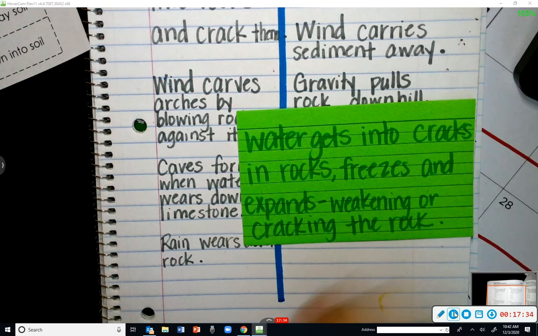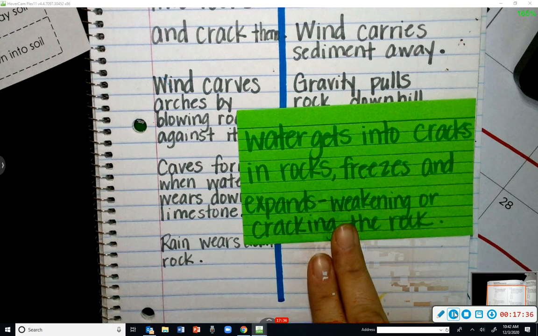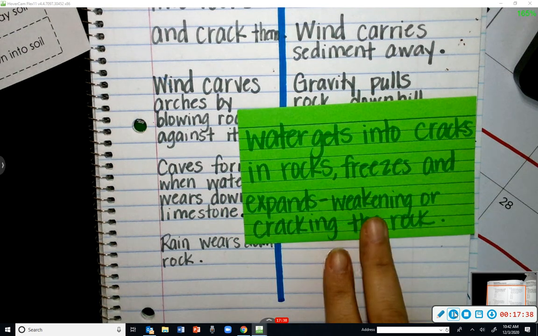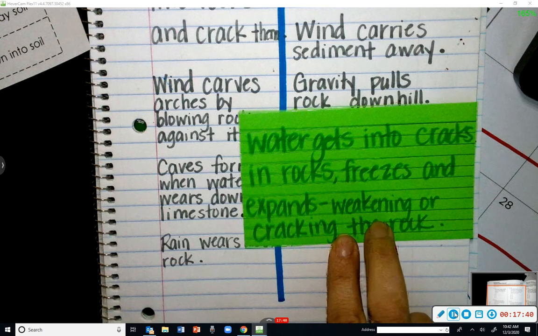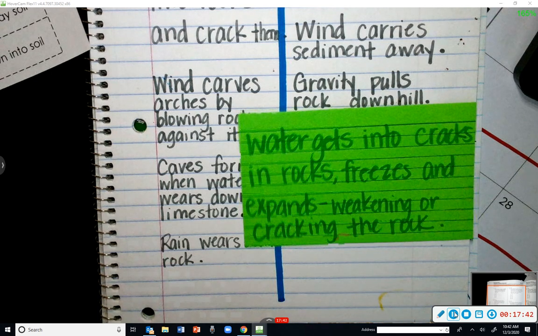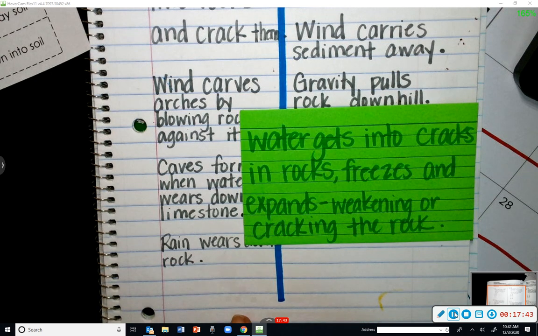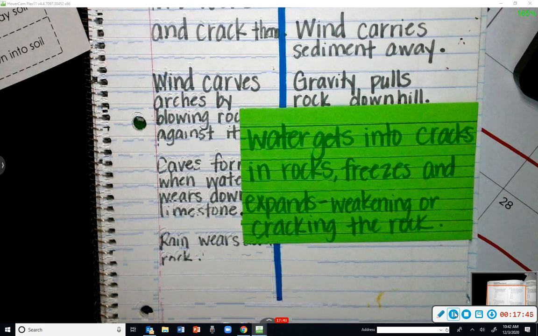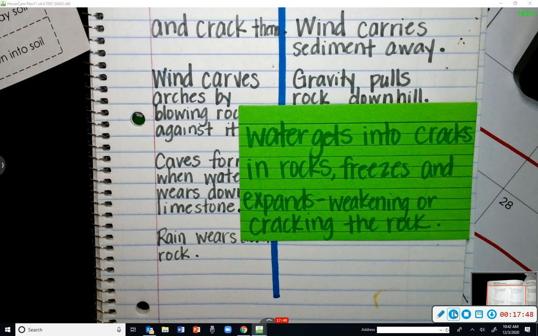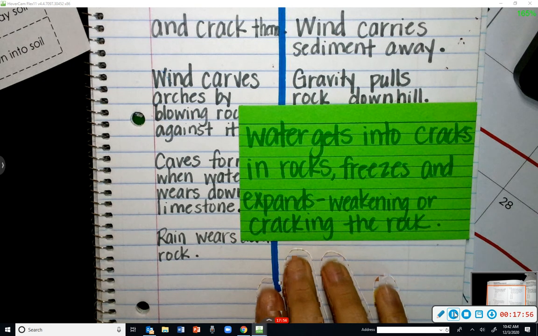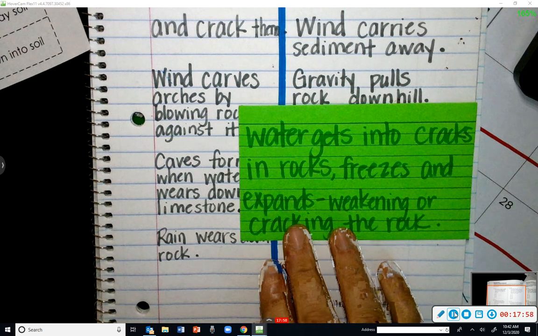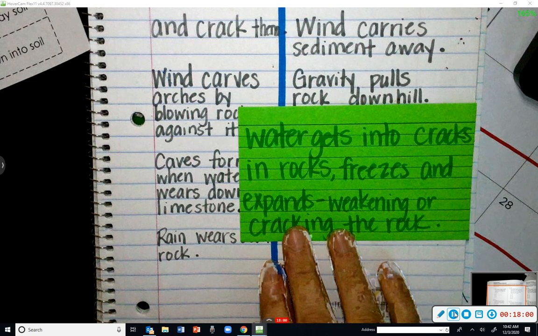Water gets into cracks in rocks, freezes, and expands, weakening or cracking the rock. So when water freezes inside of a rock and expands, it starts to crack the rock. So what would that be? Okay, what is it, class? Weathering.